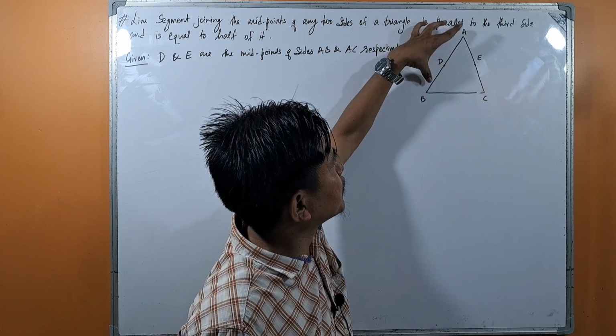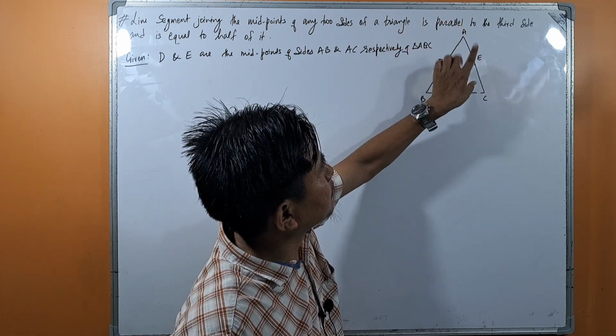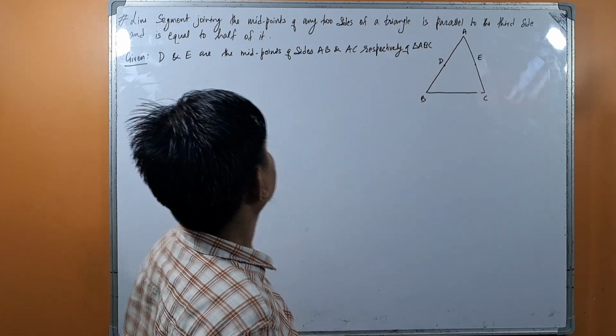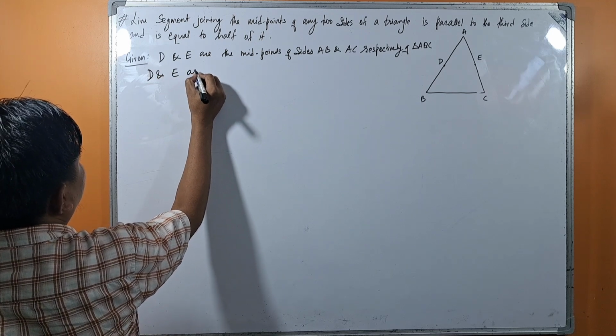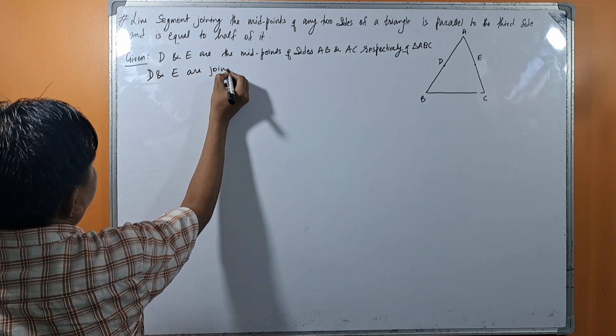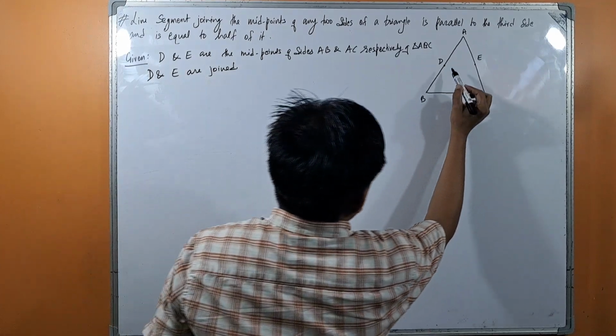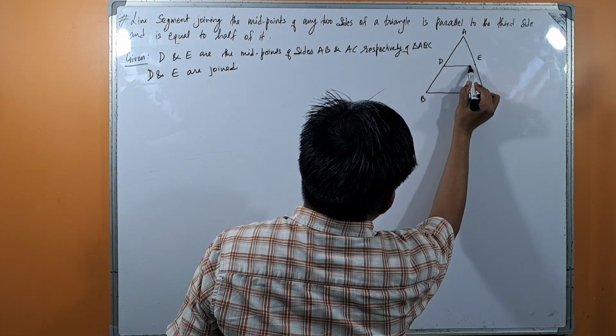Okay, D is the midpoint of side AB and E is the midpoint of side AC. D and E are joined. Let us join this point D and E.